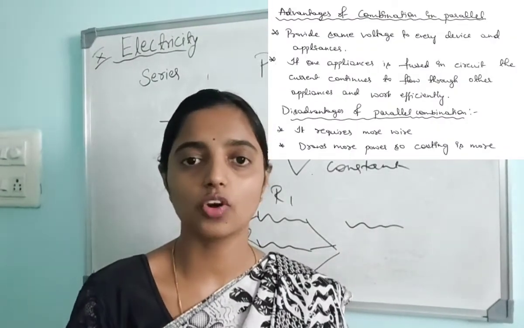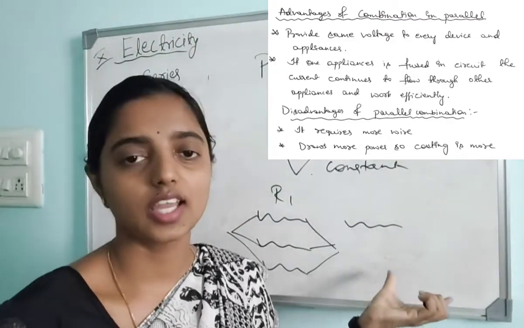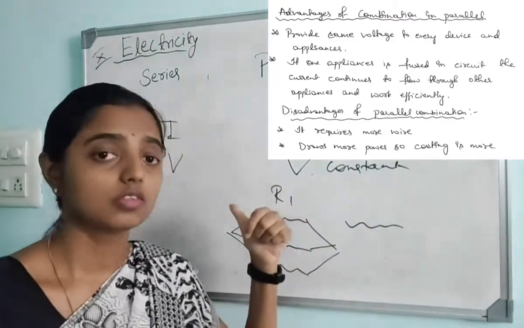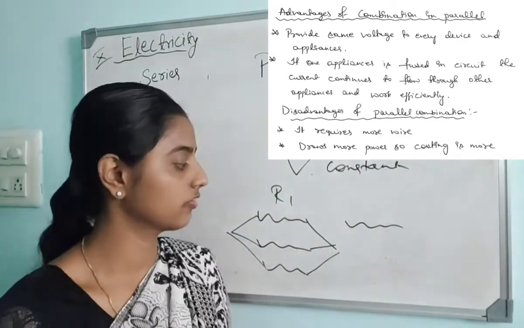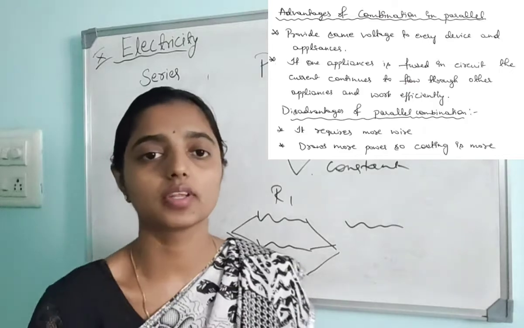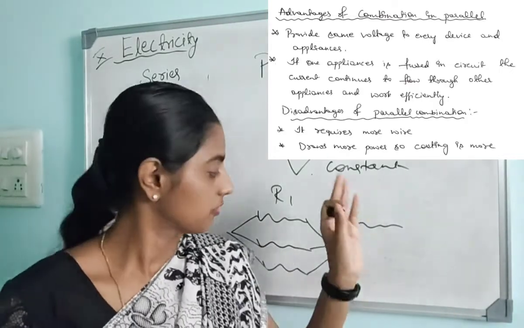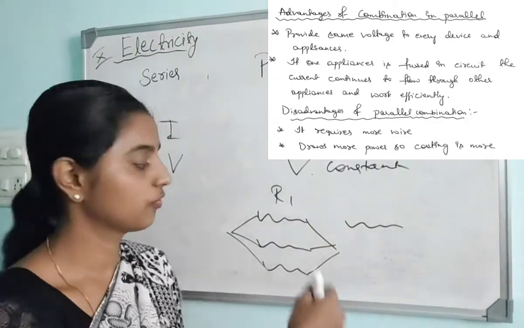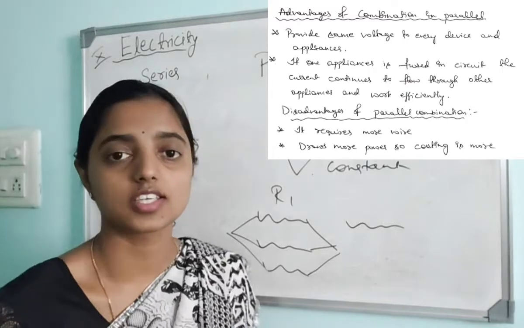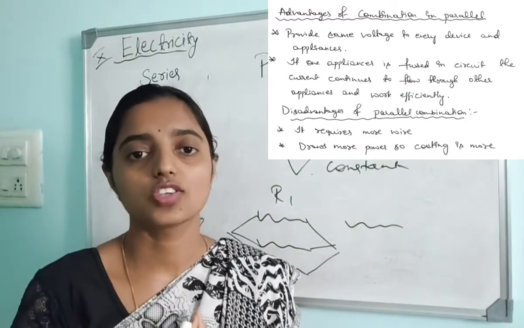Now what about the disadvantages? Compared to series connection, this is a little more difficult, because we need to connect a lot of wires in between two terminals. And the next one is, since we have more resistors and current flows differently in each and every resistor, the power consumption will be more, and at the same time the cost will be more.